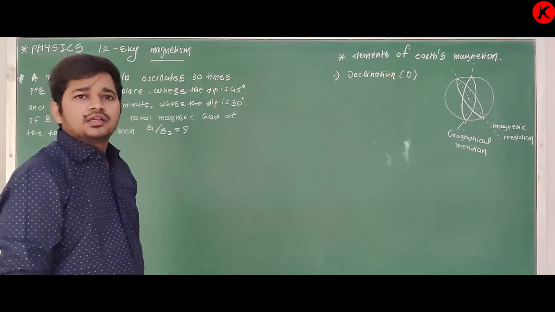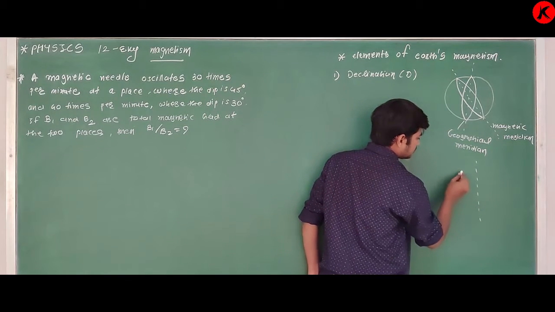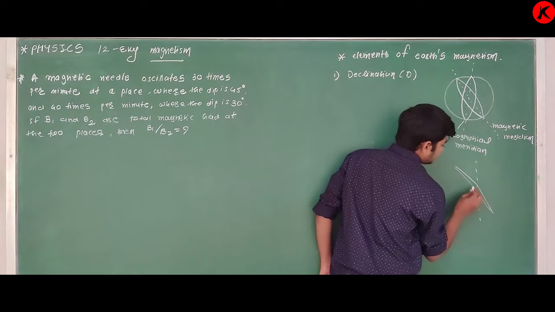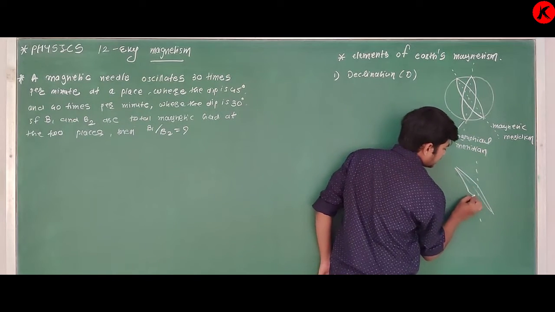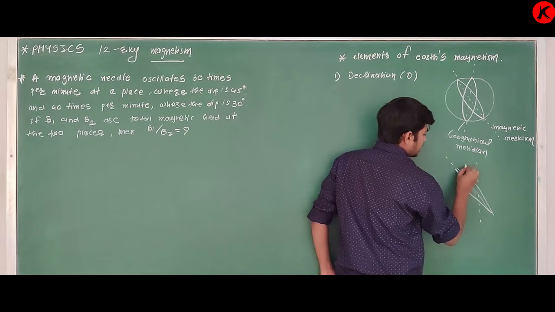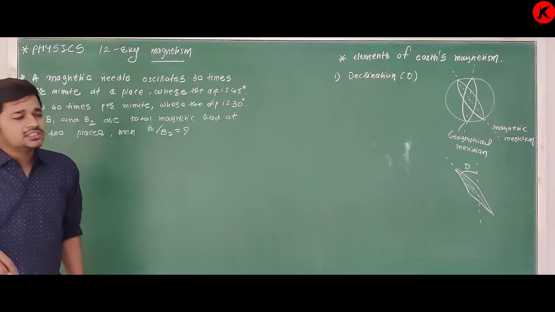It makes some angle, and if it is true geographical north and south, then the magnetic needle is aligned like this. That angle is called declination.